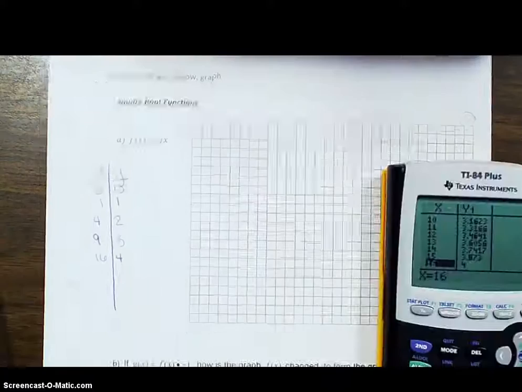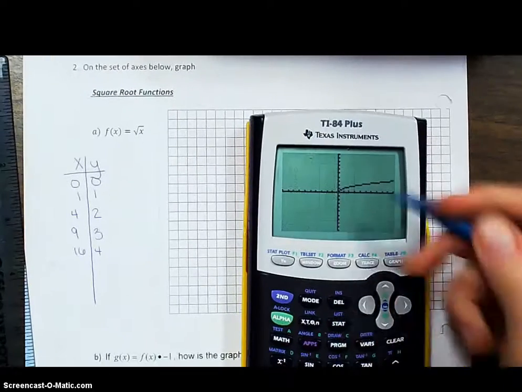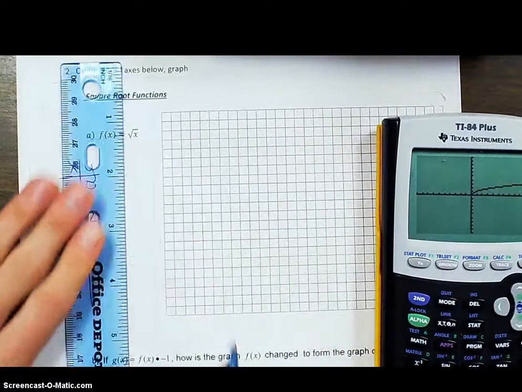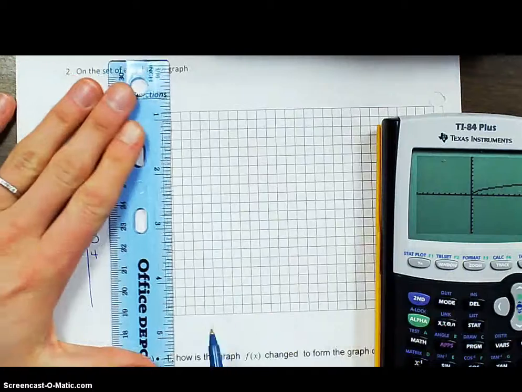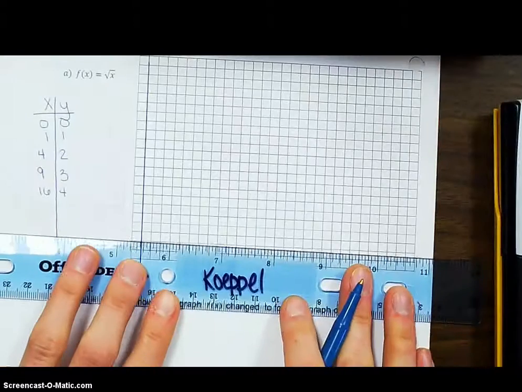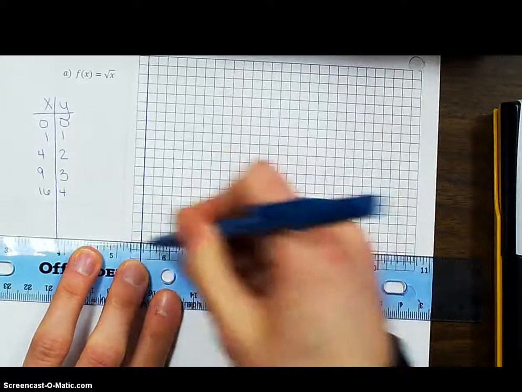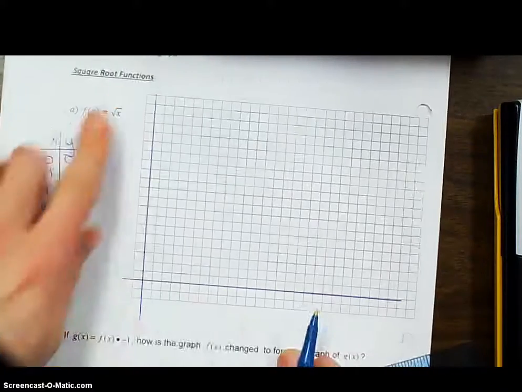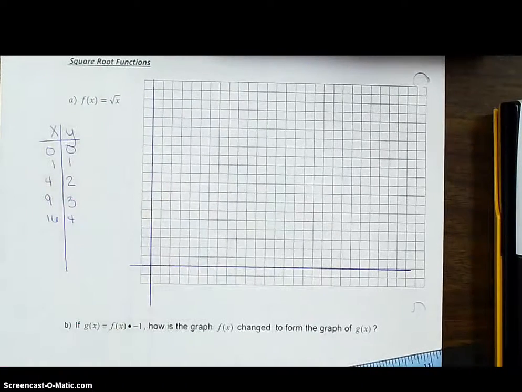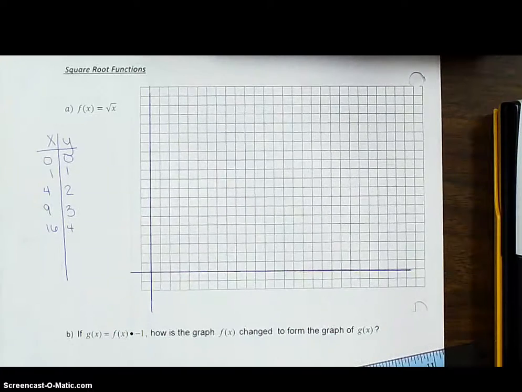So I'm going to go back to my screen so I know exactly what I want it to look like. Now, I don't need to draw all 4 quadrants here because this is only in quadrant 1. So I'm going to make my axes way over here. And then I might just go up like 2 because I don't need to. I could have actually just used the edges and made this one big quadrant 1 graph.